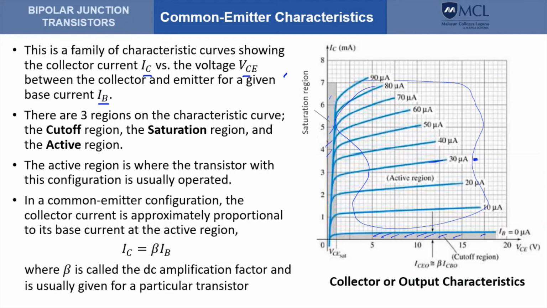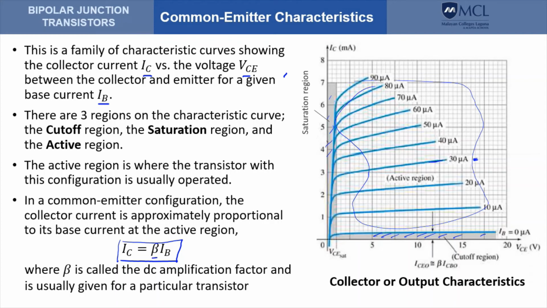In the common emitter configuration, the collector current is approximately proportional to the base current. Writing that as an equation, we can write it like this, where the constant of proportionality is given here as beta.